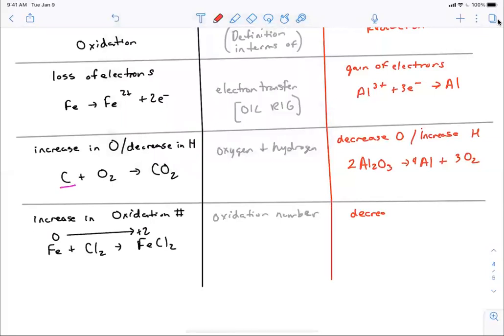Whereas here, you can talk about a decrease in oxidation number. And you can use the same reaction here because every oxidation reduction reaction has to have one thing that's oxidizing and one thing that's reducing. So here, chlorine is 0, and here chlorine is -1. So it's decreasing.